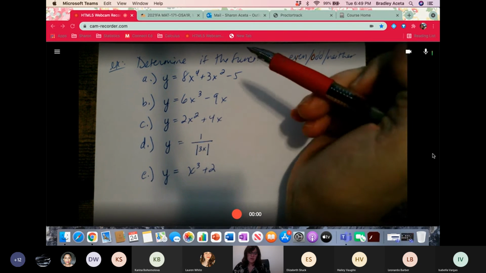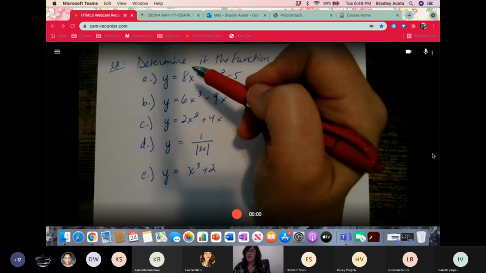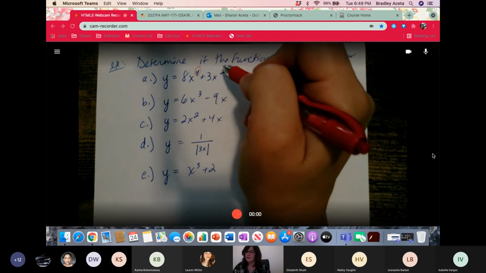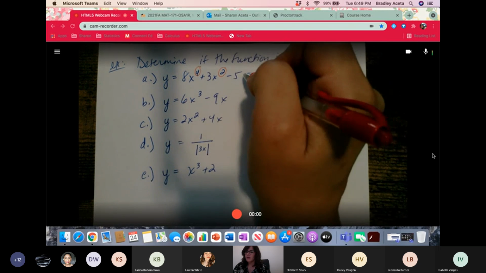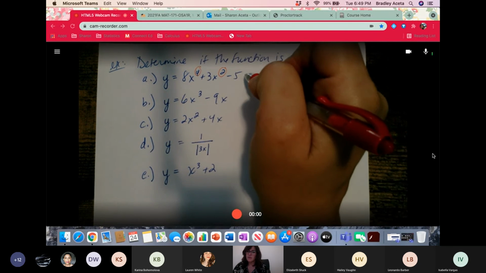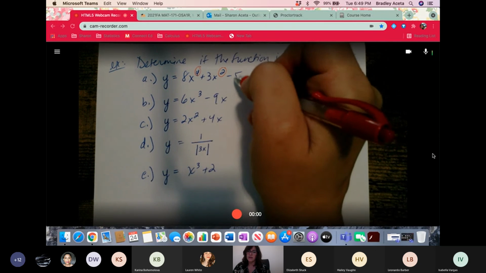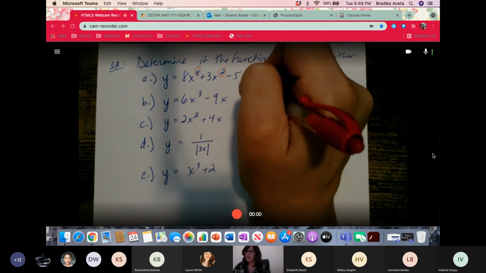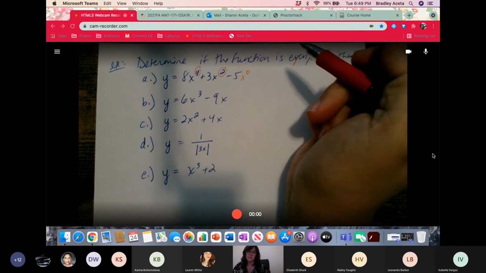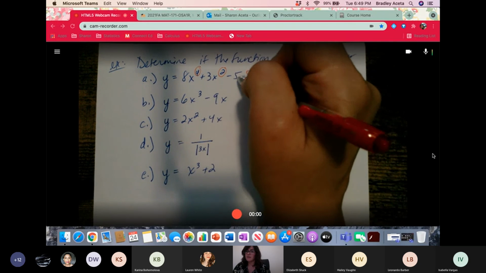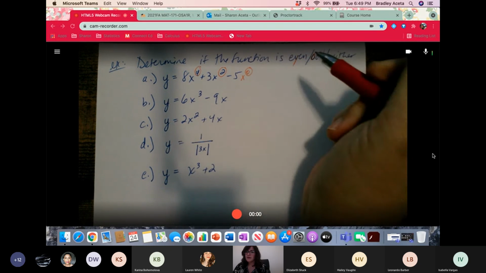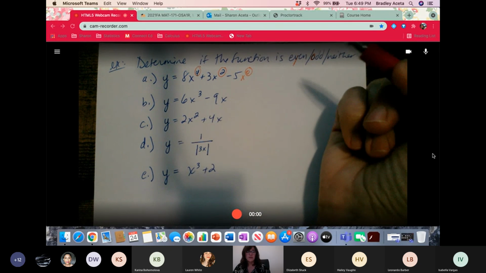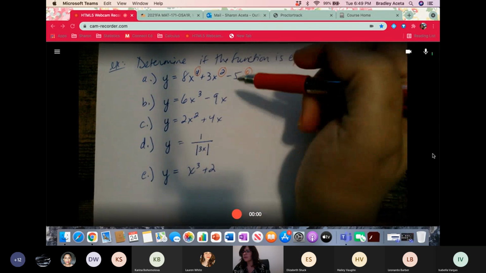If every single exponent of the x is even, now these two are even right now, but there is an exponent to x when you have a number all by itself. You would actually write x to the 0. If a number's by itself, you have x to the 0, and 0 is considered even because it's 2 away from 2, kind of.